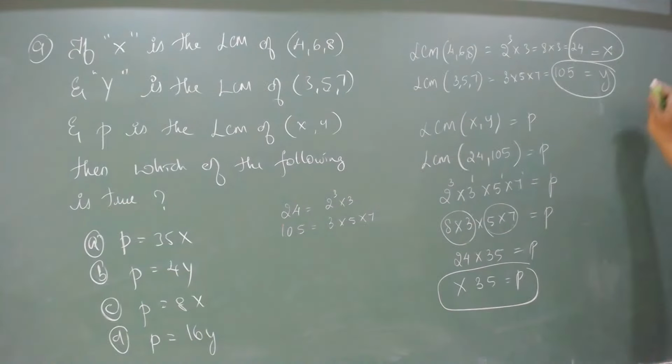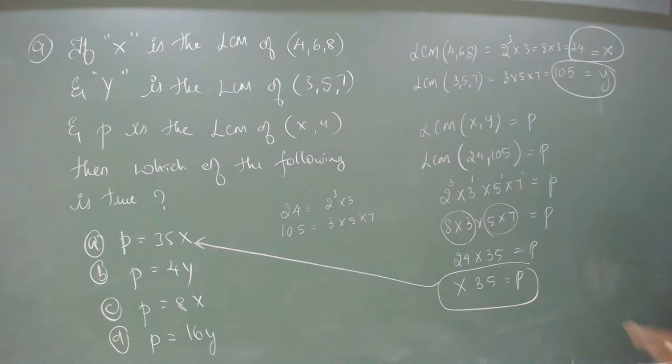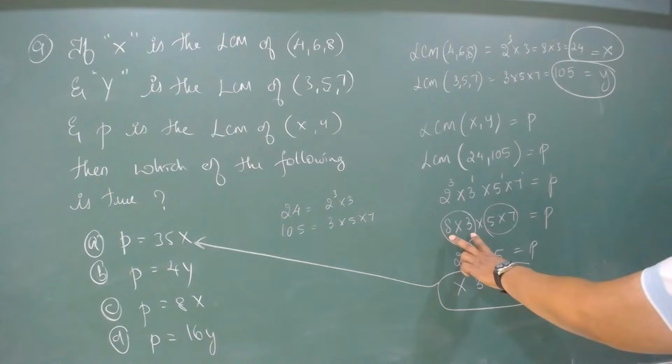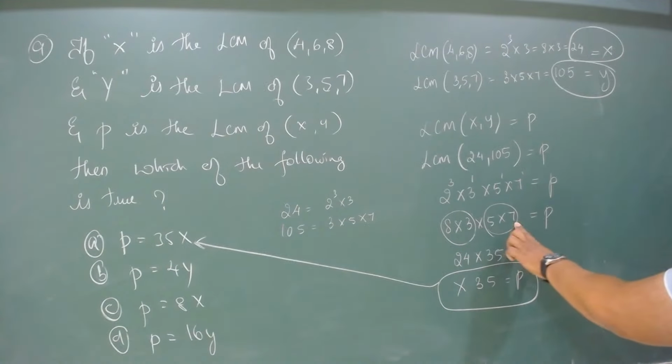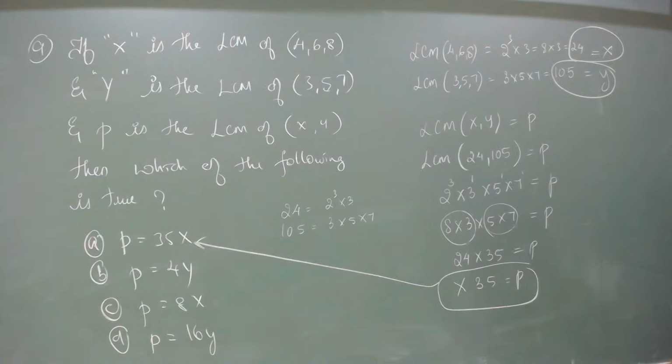Observe which option matches over here. I repeat, x is nothing but the LCM of 4, 6, 8. Y is the LCM of 3, 5, 7, which is 105. On simplifying, I get 8 into 3 into 5 into 7. I'm going to match those numbers. First, 7 5s are 35, as it is.